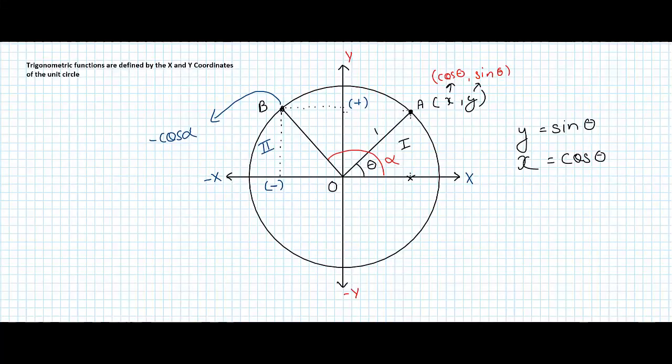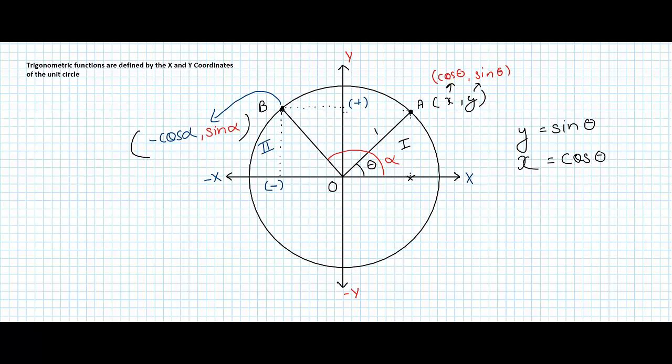And as far as the y coordinate is concerned, it is still positive. So the y coordinate becomes sine alpha. The x coordinate is minus cos alpha because it falls on the negative x-axis.